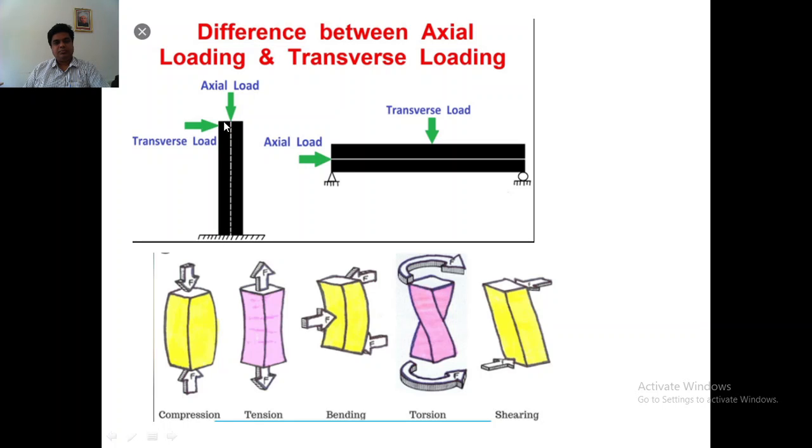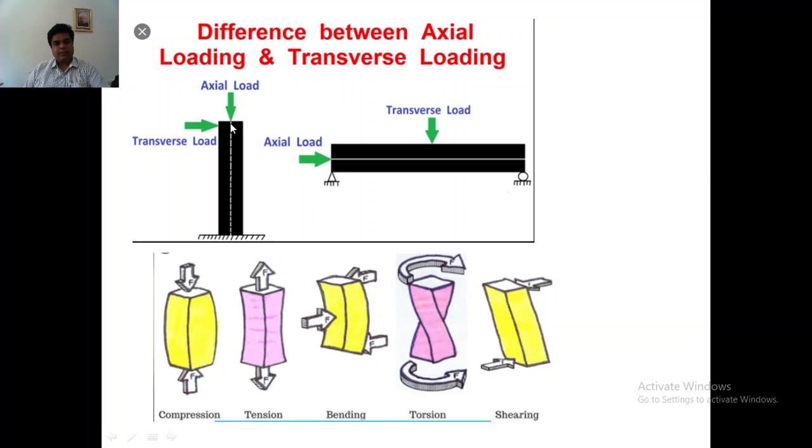So you take any object or any component, it will have what is called the axis. The axis is the imaginary line which divides the object or the material into symmetry. So when you apply the load exactly along the axis of the body or the component or mechanical structure, that load is called axial load.